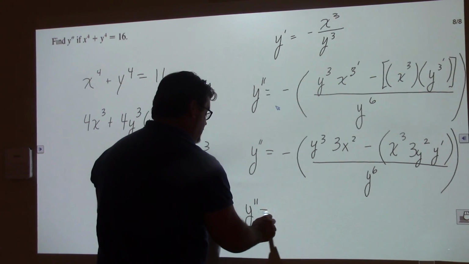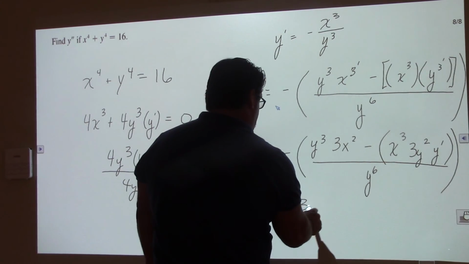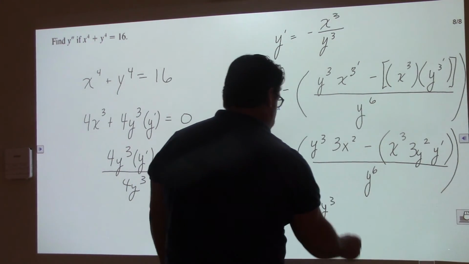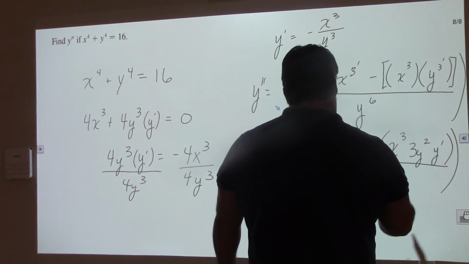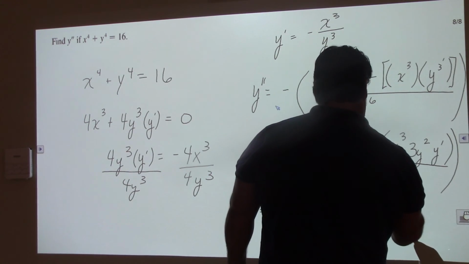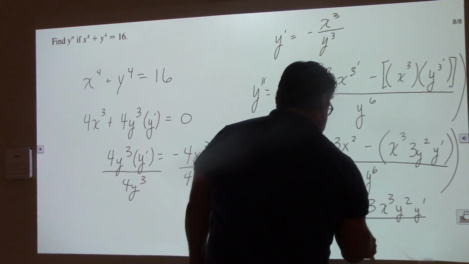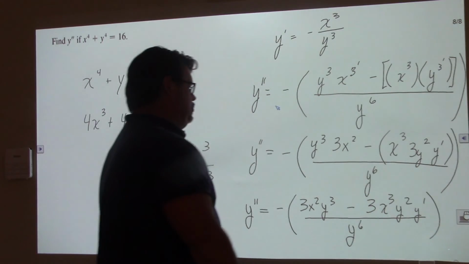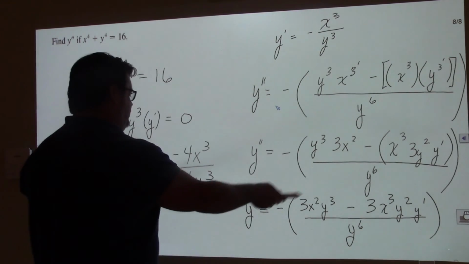Y double prime is equal to negative 3x squared y cubed, I don't want to do that yet, but anyway, minus 3x cubed y squared y prime over y to the sixth. Basically, that y prime is going to come over here and make this y double prime.